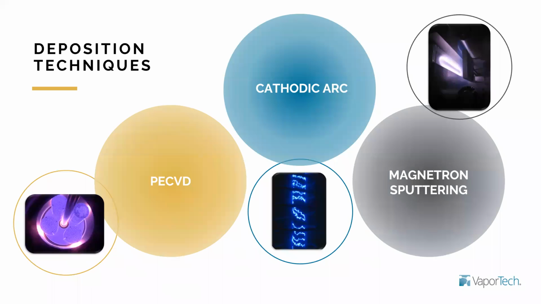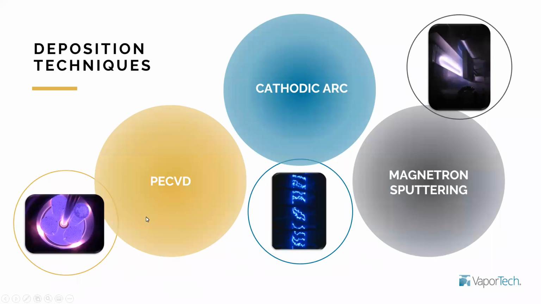Meaning, if you're doing a titanium nitride, chrome nitride, and so on, you may need to apply temperature to your parts, which then limits the number of substrates that you're going to use. But it's a well-known and well-used process in the industry for deposition of hard coatings.